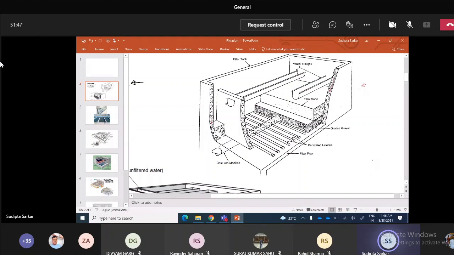This is a dual purpose trough which distributes the water on the filter bed, and is also very useful to take out the water when you do the backwash. When you backwash, you try to clean your filter, and all those foreign materials which were trapped in your filter want to come out, and you use these troughs to take it out.